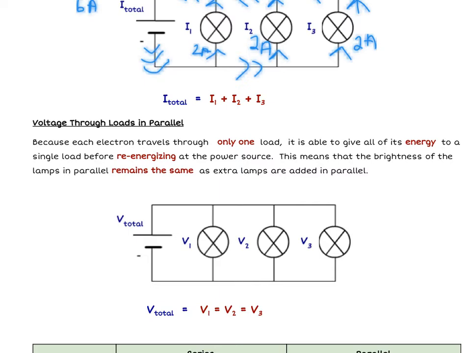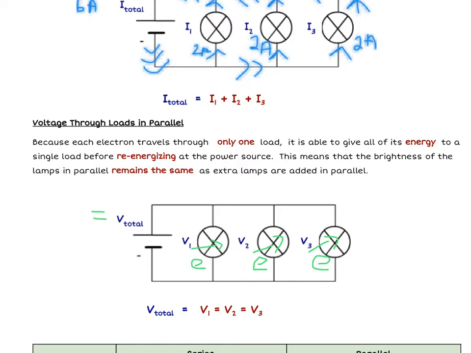So even though we might have some electrons going in through this path and another electron going through this path and another electron going through this path, each of those electrons come from the same source. And so, each individual electron is going to have its own path, and it's going to be giving all of its energy towards making that lamp bright.